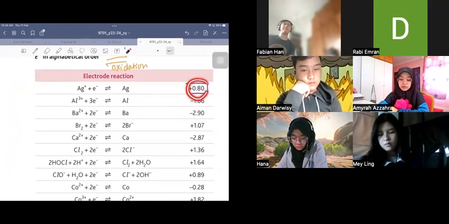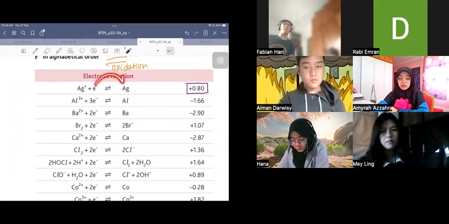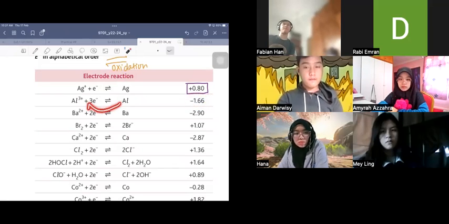What it means by a positive number is that it favors the forward reaction. A negative E note indicates that it favors the reverse reaction. So just remember, positive, you go forward; negative, you go backwards.